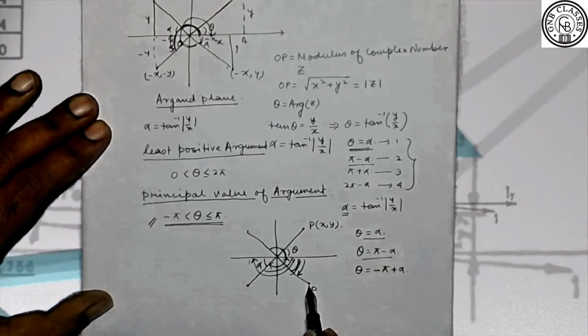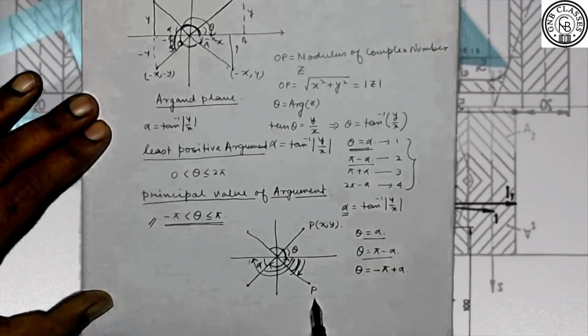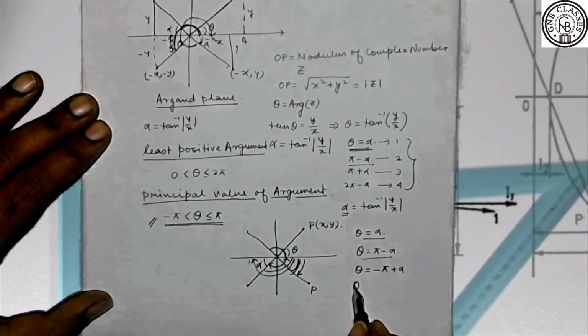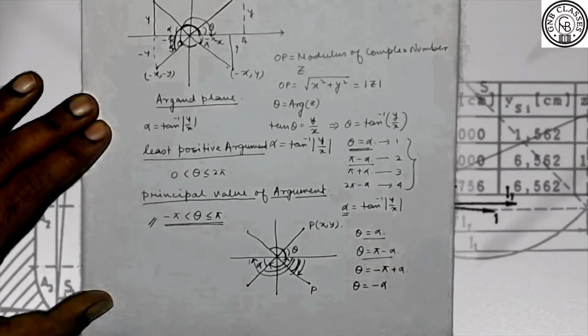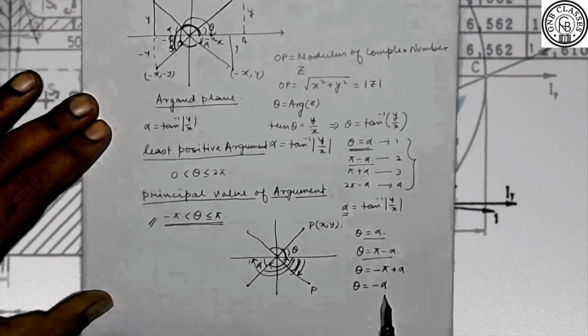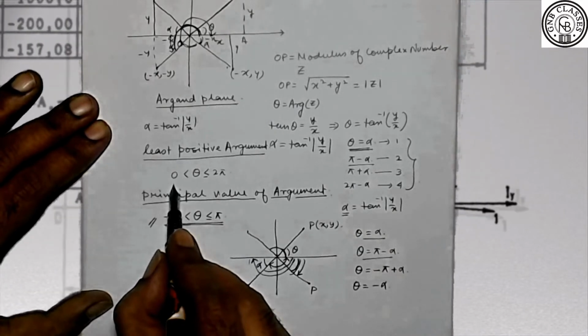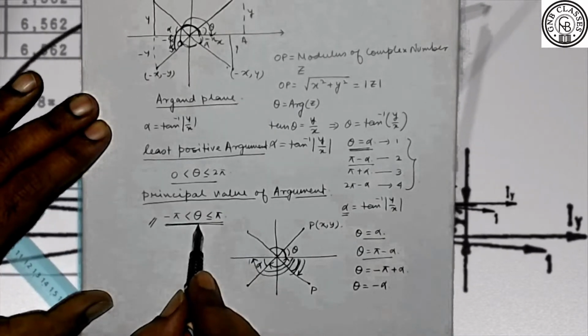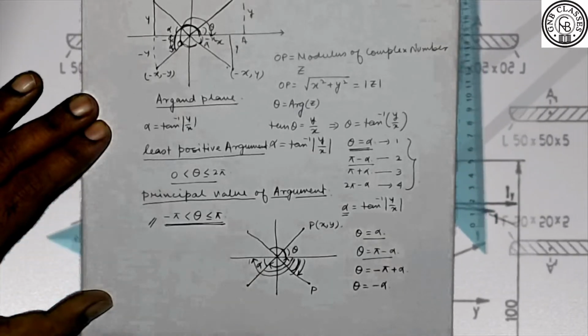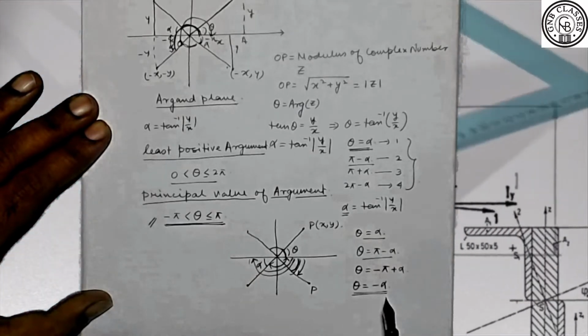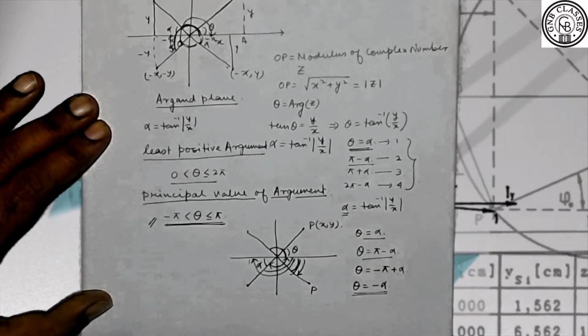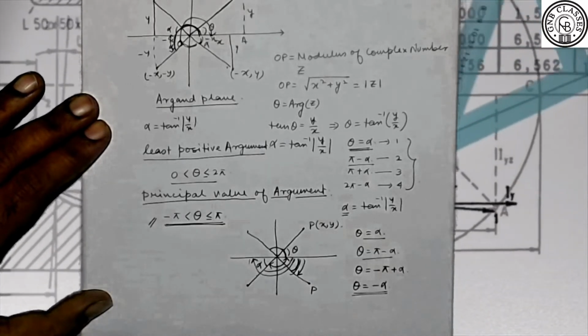The argument of this point associated with the complex number z will be nothing but minus alpha. In this case, we cannot take 2 pi minus alpha because it will not fall within this range. Is it clear? That is why in that case your theta will be equal to minus alpha. Is it clear or not?